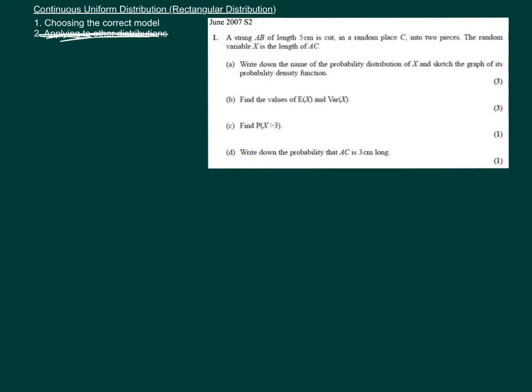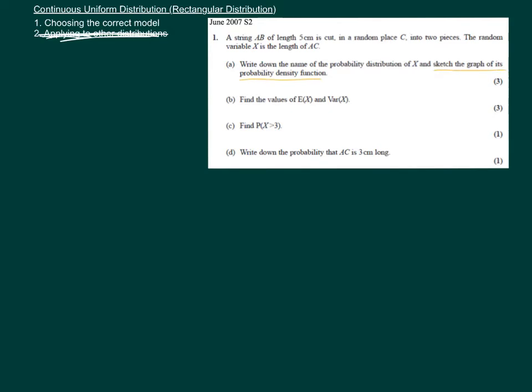The question asks, a string AB of length 5 centimeters is cut in a random place C into two pieces. The random variable x is the length of AC. We're asked to write down the name of the probability distribution of x and sketch the graph of its probability density function. A bit of a giveaway in this question is that we're asked to sketch the graph of its probability density function.